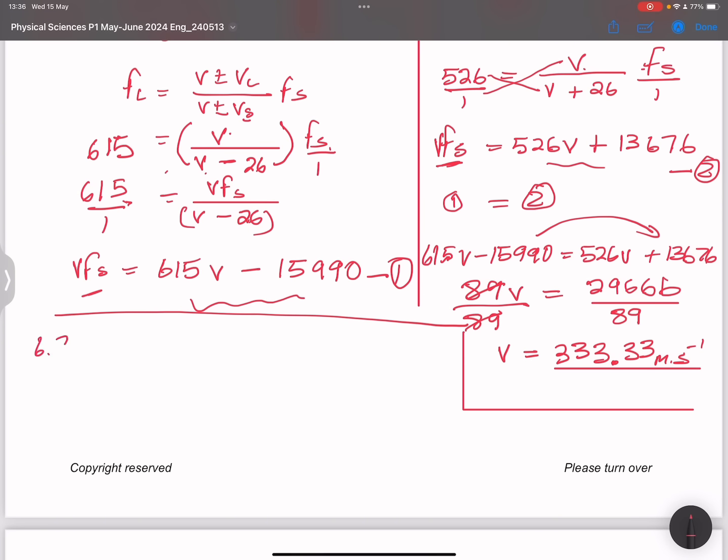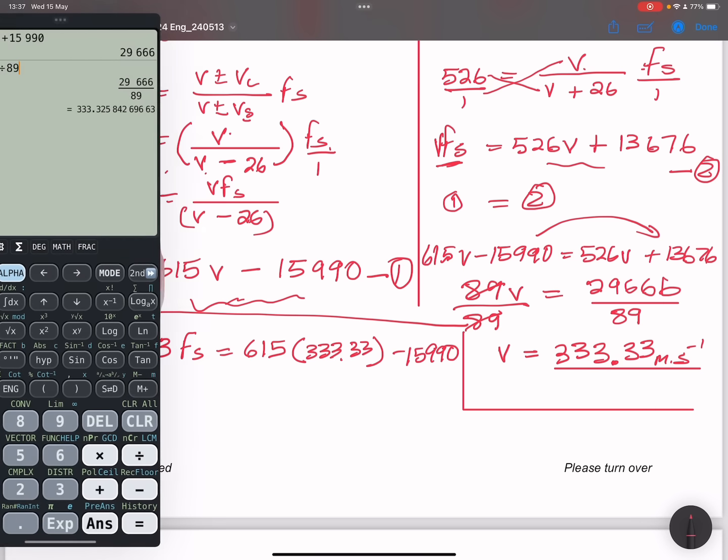So for 6.3, let's substitute the speed of sound into any of the two equations, right? So we've got VFs. Let's substitute into equation 1. So I'll have 333.33 Fs, right? This is equal to 615 multiplied by V, which is 333.33, minus 15,990.